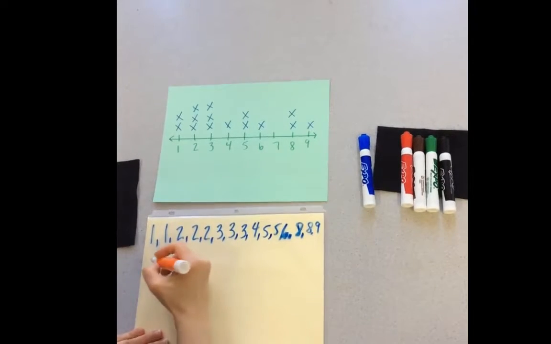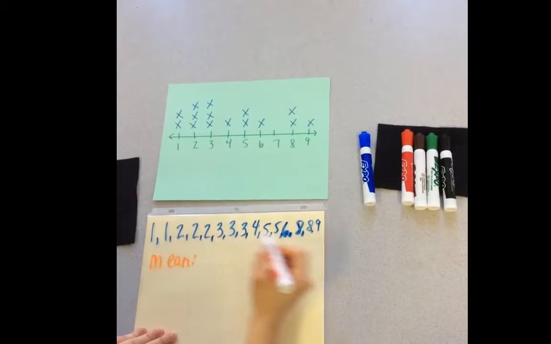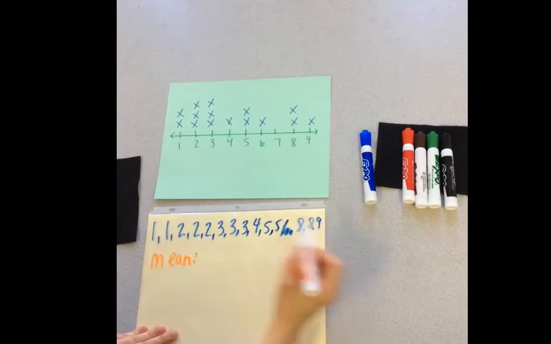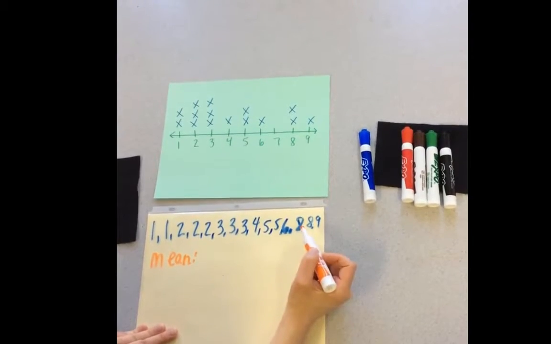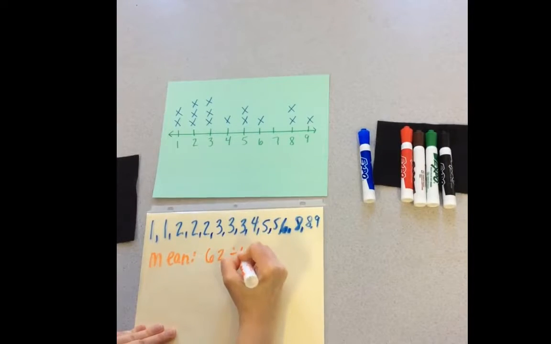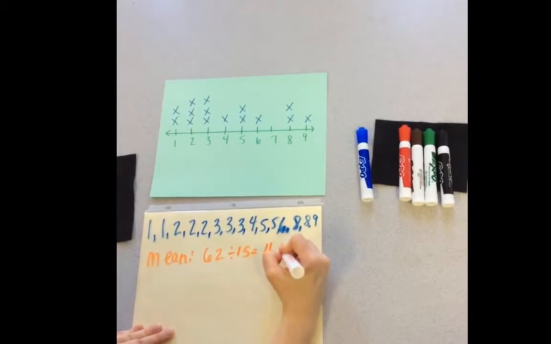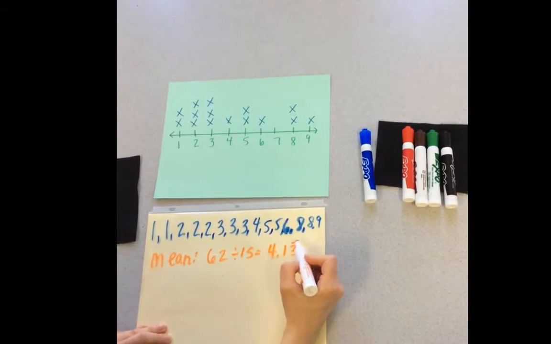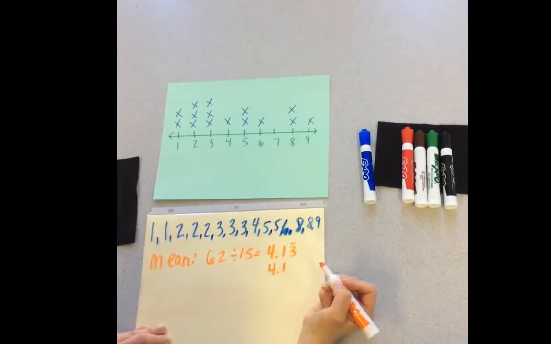To find the mean, we have to add up all the numbers. And when we add up all these numbers, the sum is 62. That's the total. Now we need to take the average or the mean. So there are 15, so we have to do 62 divided by 15. When we calculate the answer, we notice that we get 4 and 13/100ths with the 3 repeating. So we're just going to round this off to 4 and 1/10.